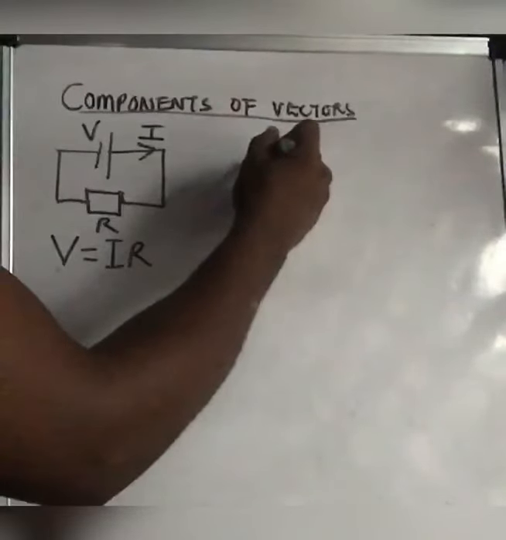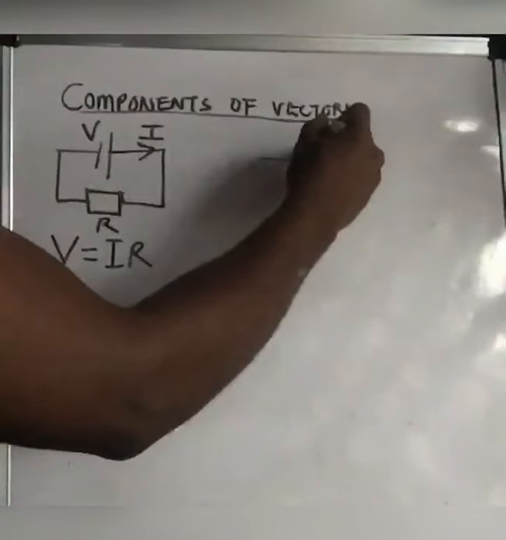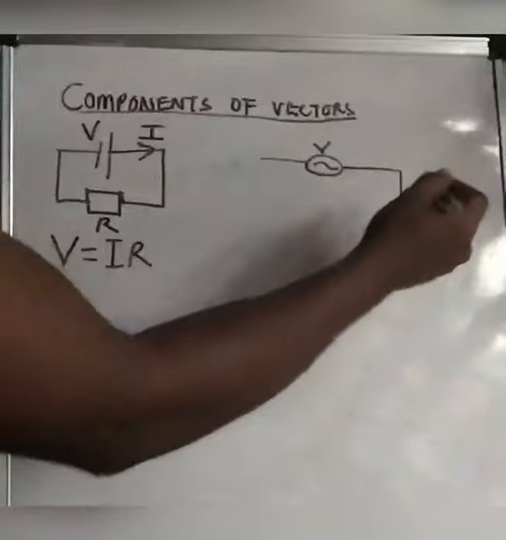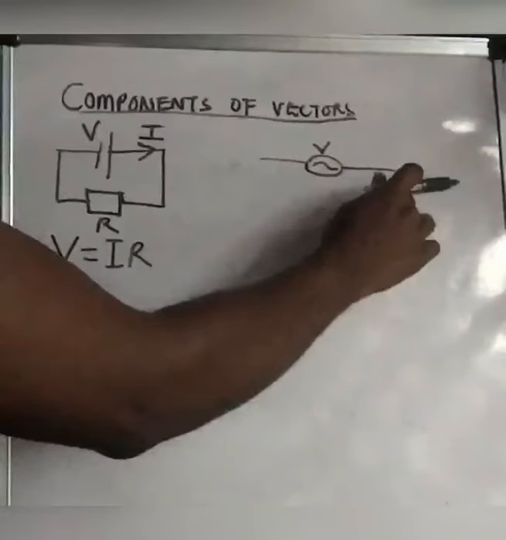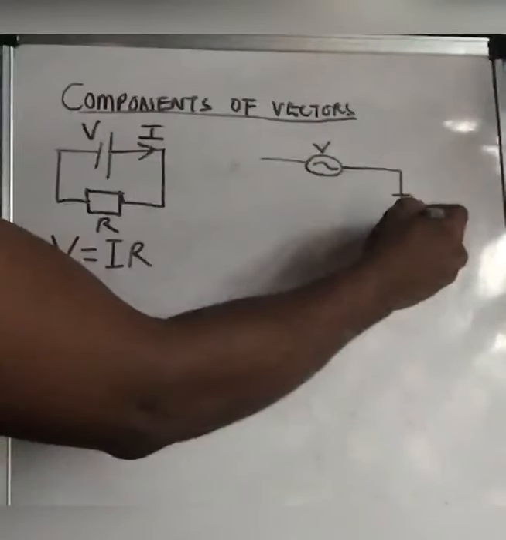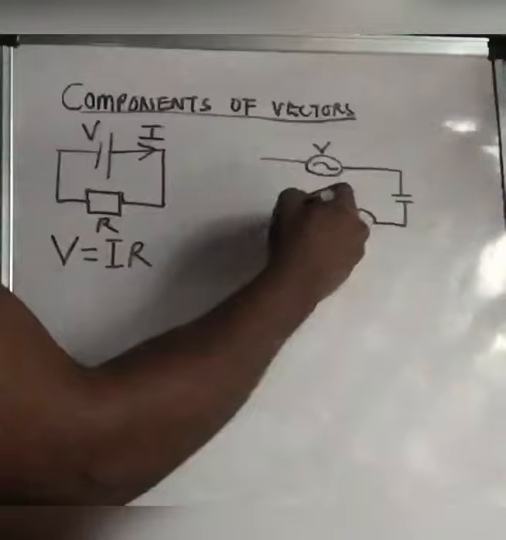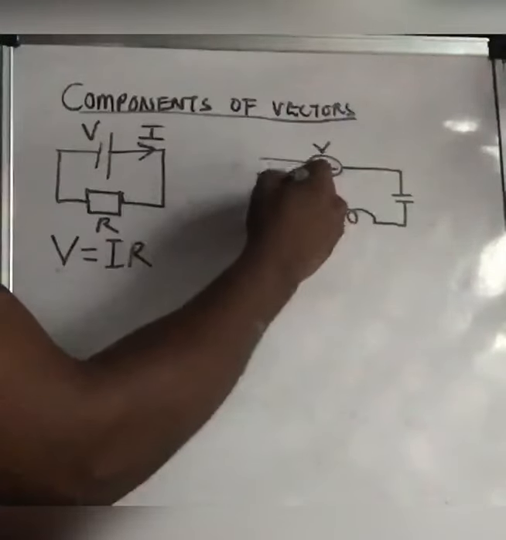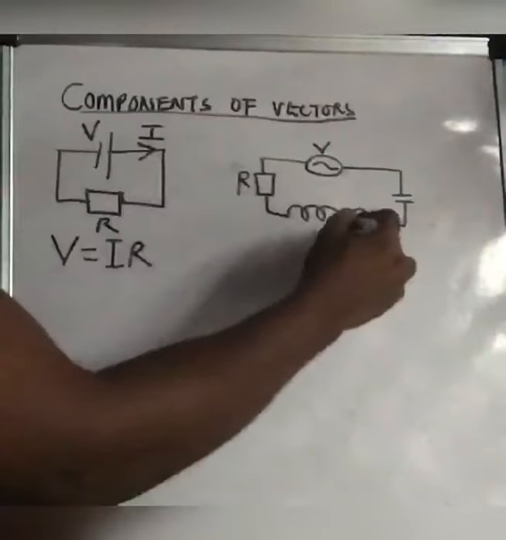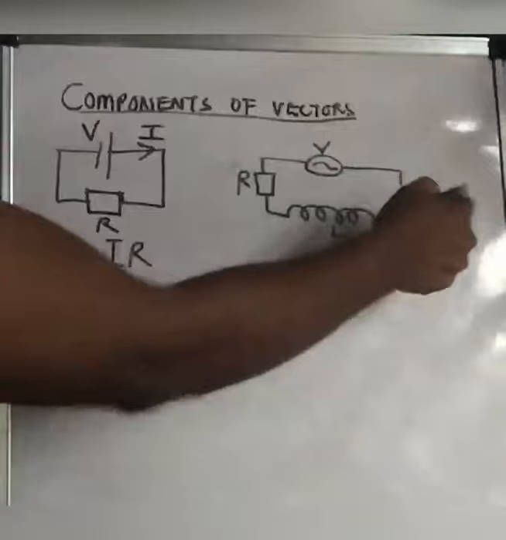So the alternating current circuit has a voltage source, then it has three major components. You have your capacitor, your inductor, and resistor. So you label them: resistor, inductor, capacitor.